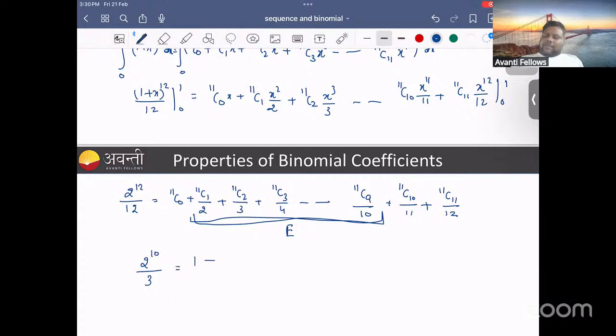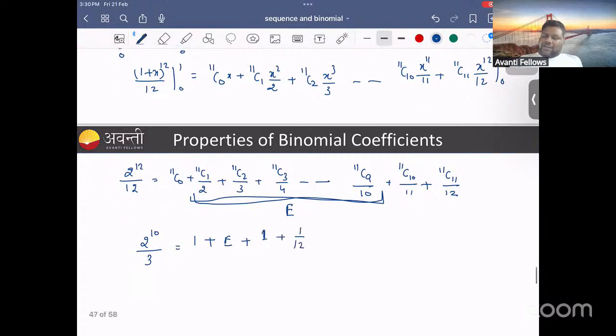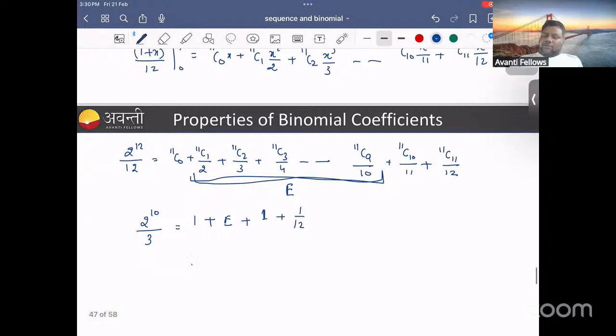1 plus E plus 11C10, which is 11. 11C10 will be 11, so it will also be 1 plus 1 by 12. So your E should be 2 to the power 10 upon 3 minus 25 upon 12.